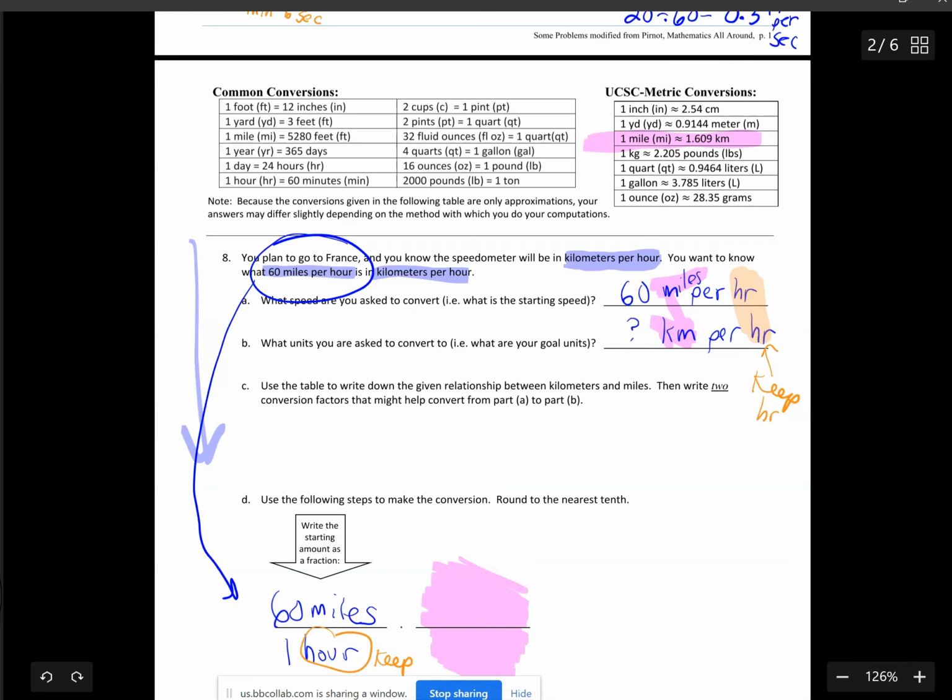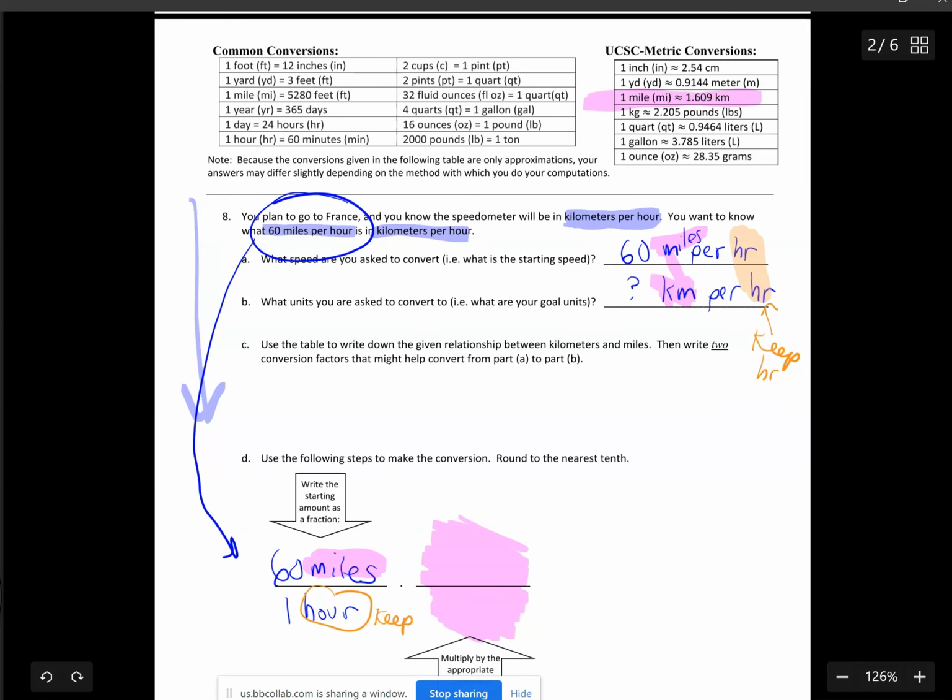The way it stands, my miles are on the top, so I want to put miles in the denominator of my table, with kilometers on the top. So 1 mile on the bottom cashes in for 1.609 kilometers.